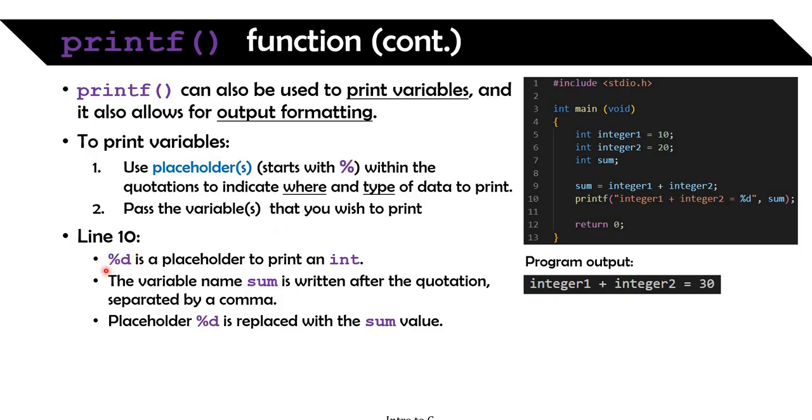The %d is a placeholder to print an integer. The variable sum is written after the quotation, separated by a comma. So the placeholder %d is automatically replaced with the sum value, and that's why you get the output like this. Okay, so far?